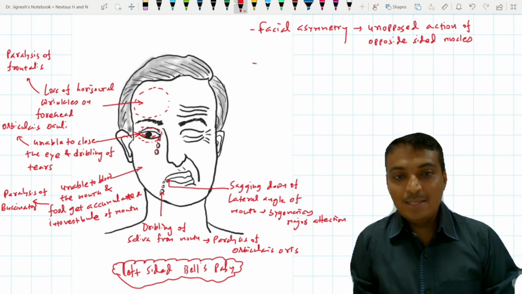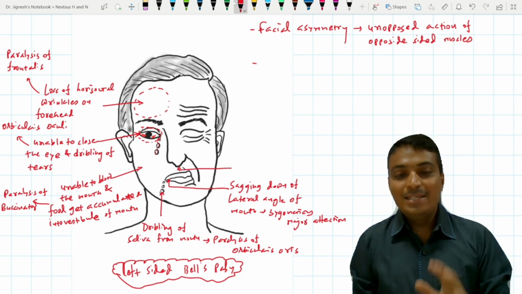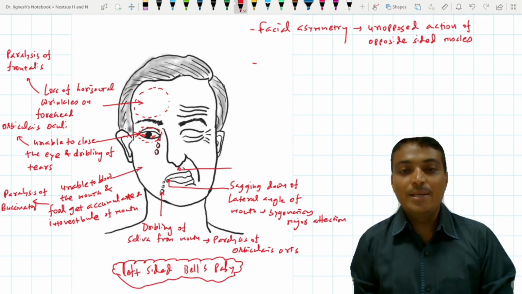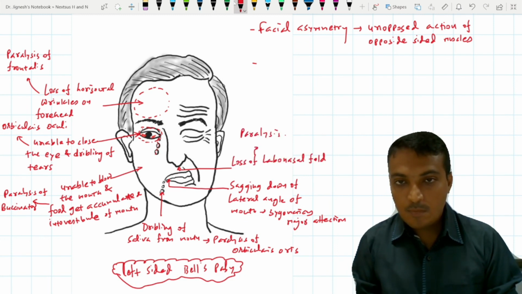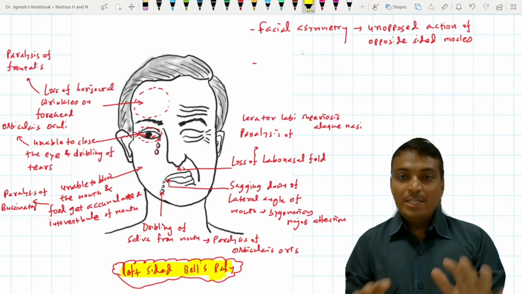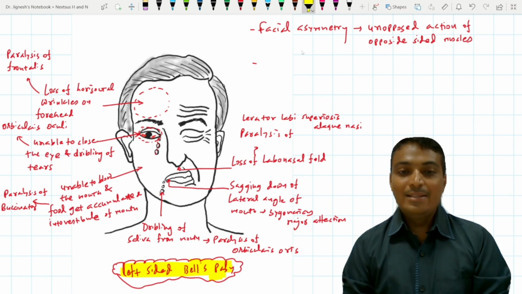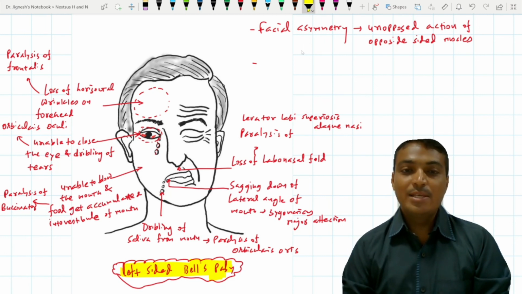Along with that, the patient has loss of the nasolabial fold, and this is because of paralysis of the levator labii superioris alaeque nasi. So all these are the symptoms of facial nerve Bell's palsy, and this Bell's palsy is the infranuclear palsy.